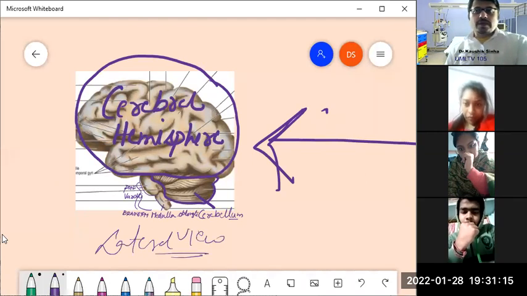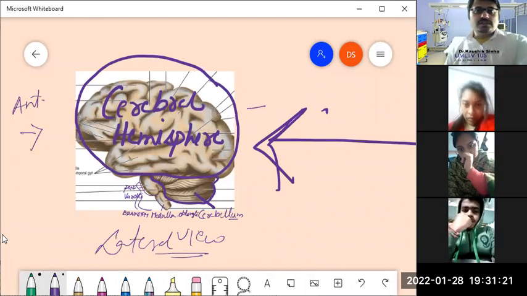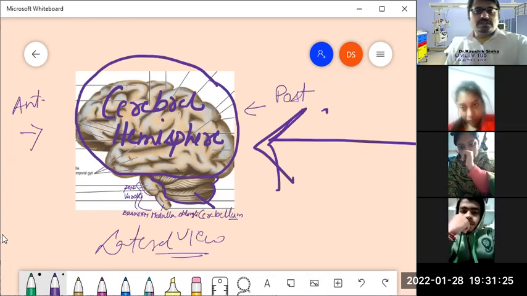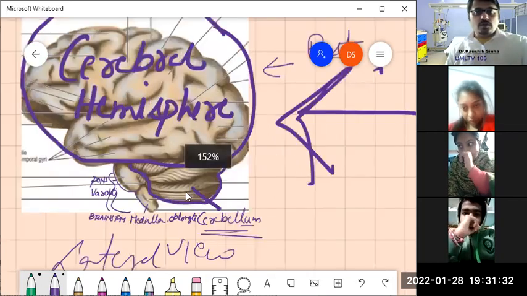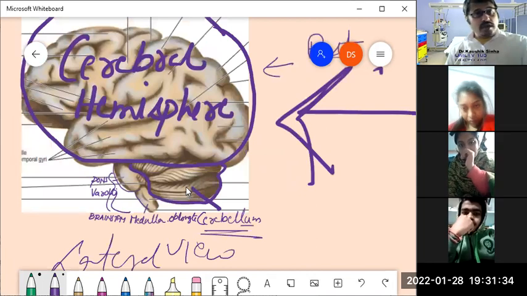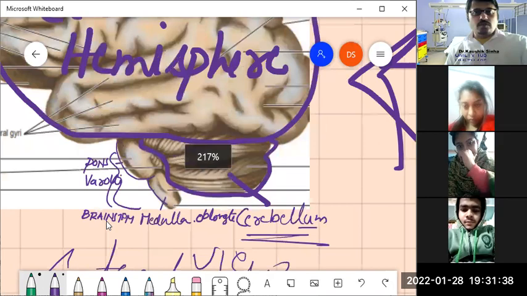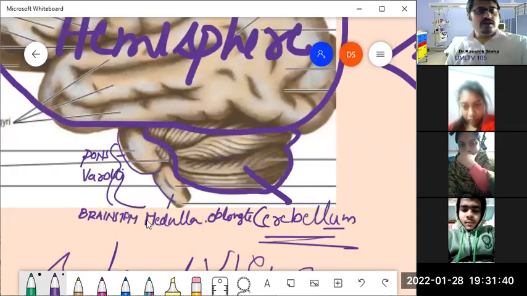So the brain can be seen from the front. So this is the anterior. This is the posterior. The posterior is the aspect wherein you find the cerebellum, but posterior, inferior as well. And the brain stem is to be found, though inferior, but anterior. Understood?